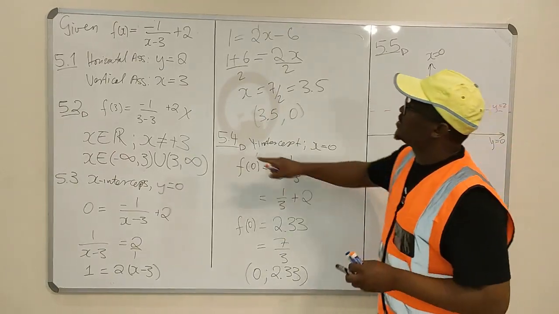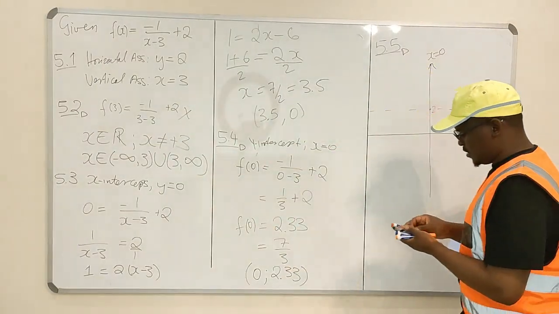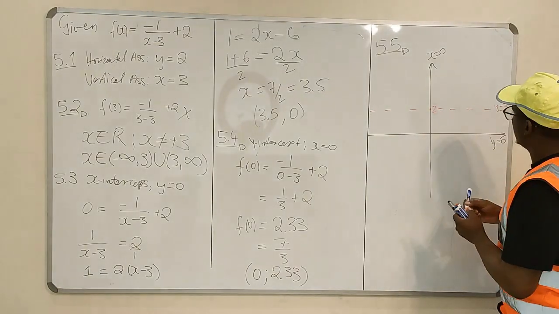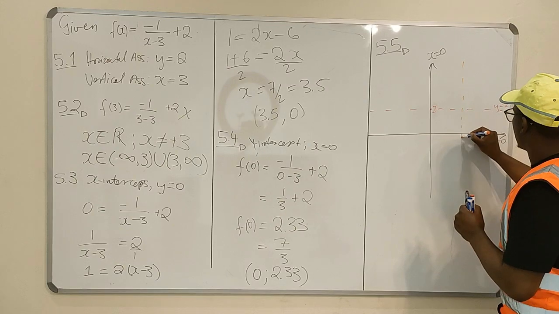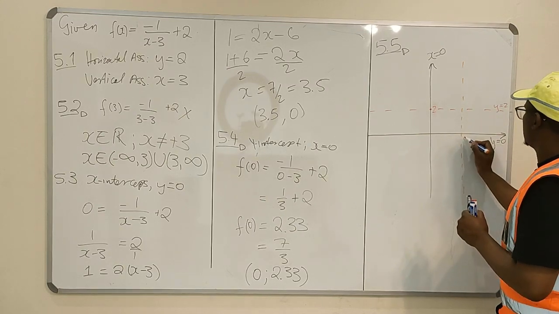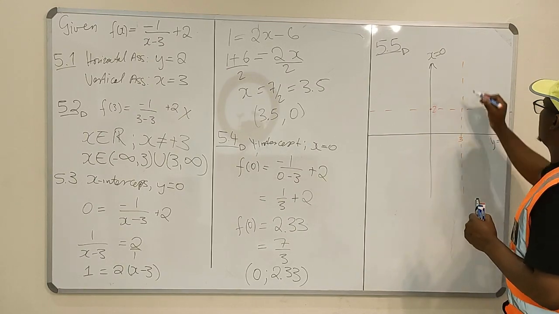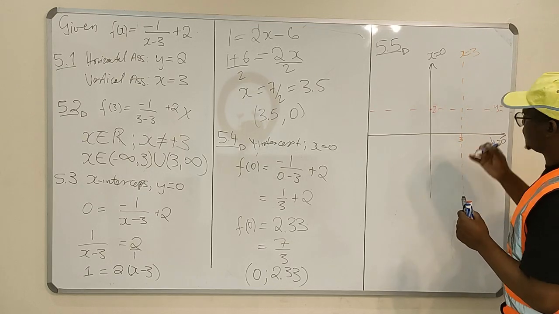Our vertical asymptote is at x is equal to 3. That's our vertical asymptote. So this is 3. This is x is equal to 3.